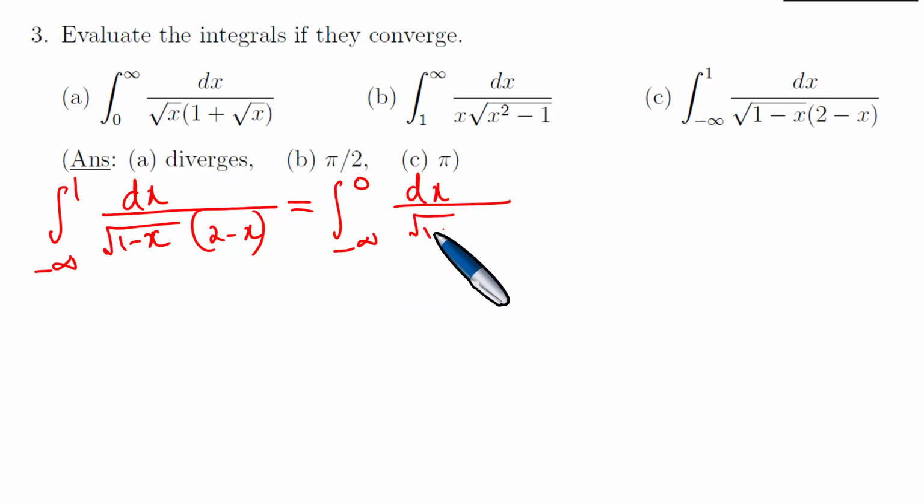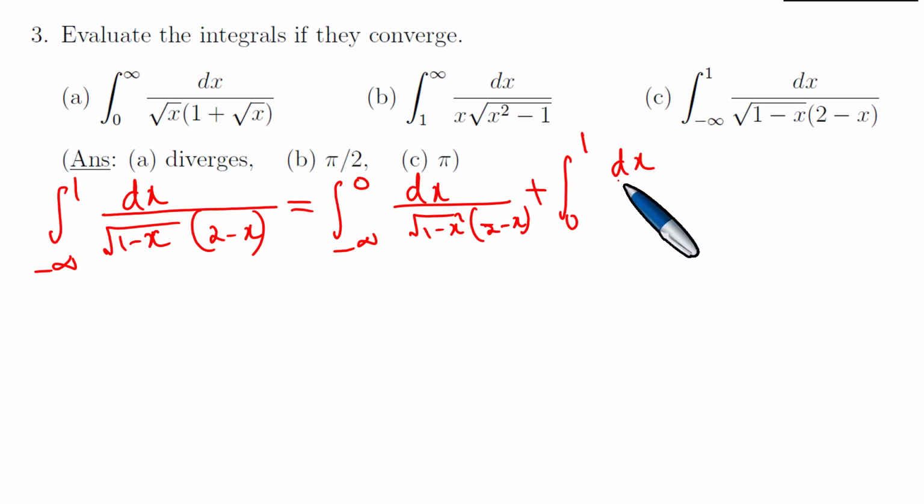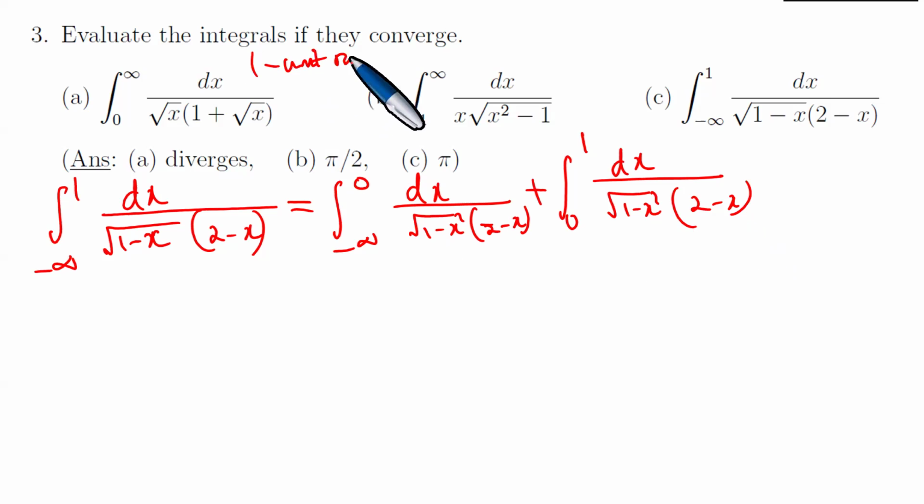And then you have 1 minus x. You have 2 minus x. Then you integrate from 0 to 1. Using the 1 unit rule, this is what you're able to achieve. Here we're using the 1 unit rule, like this.